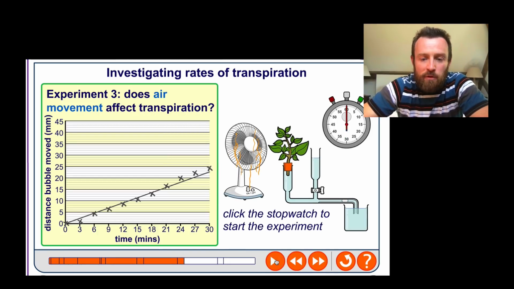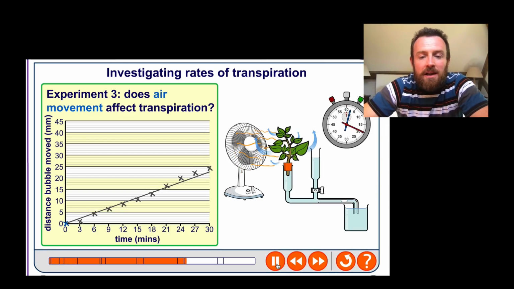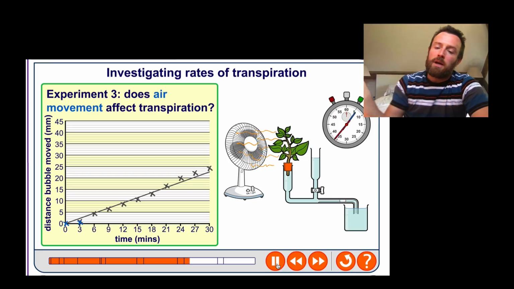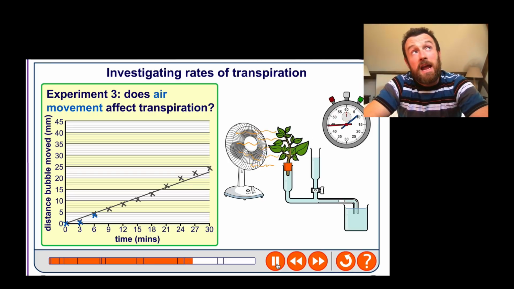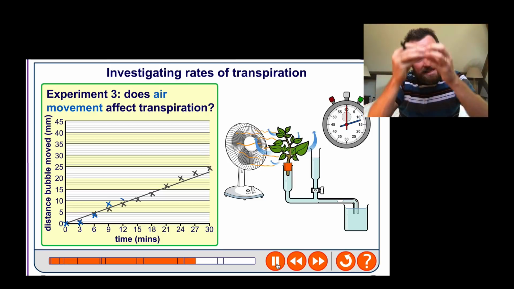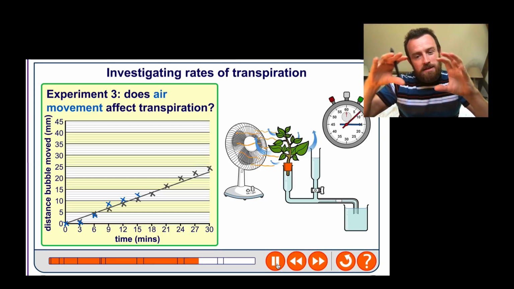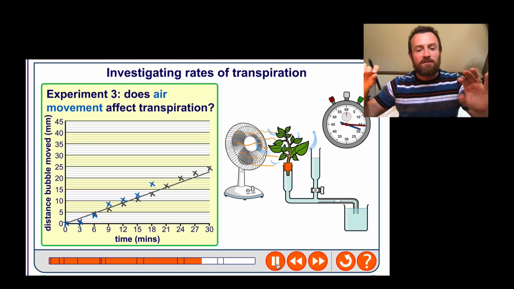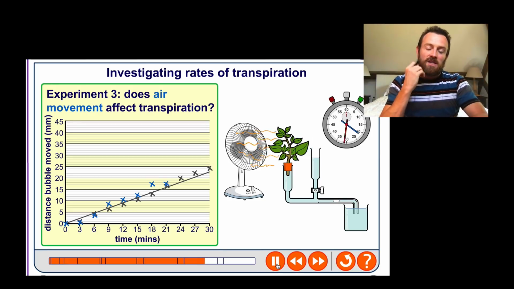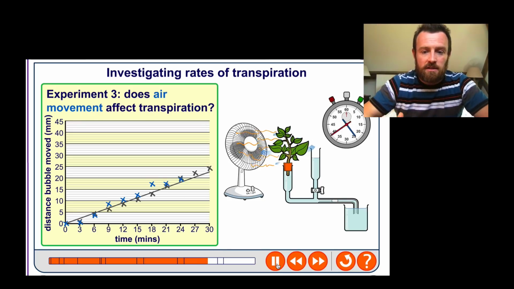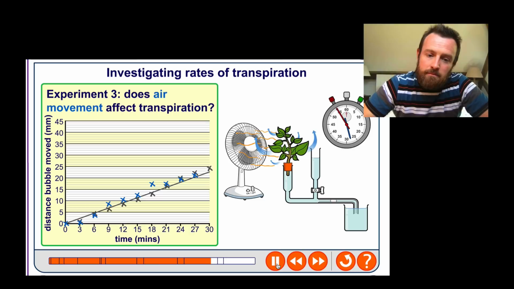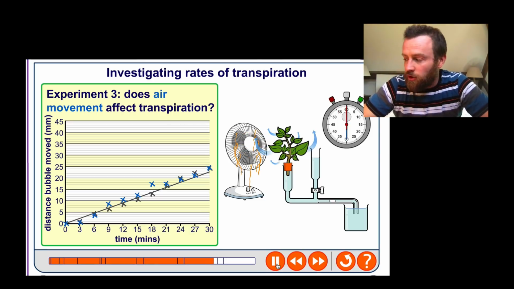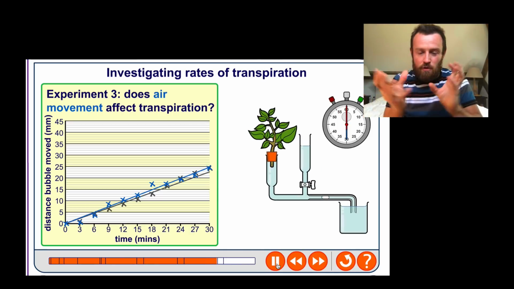All right, what about air movement? Let's put a fan next to this piece of branch here. The fan is going to blow away any moist air that has recently come out of the stomata and is just sitting near the surface of the leaf. So this is going to increase the rate of transpiration because humid air does not cluster around the leaf.